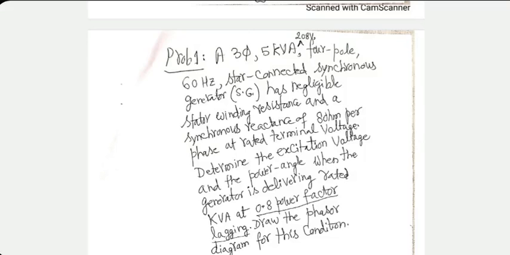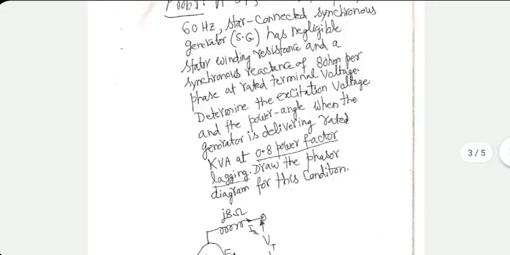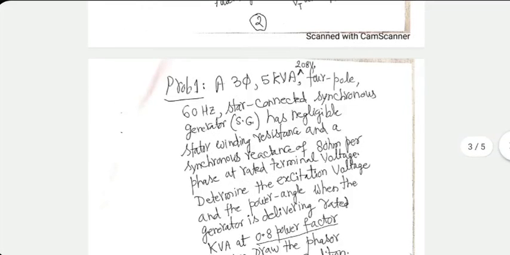That means RA is 0. And synchronous reactance XS is given directly here. It is 8 ohm per phase. Obviously, we are talking per phase at rated terminal voltage.